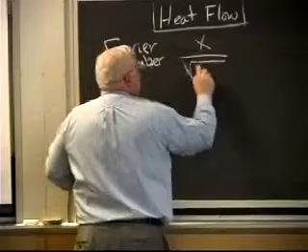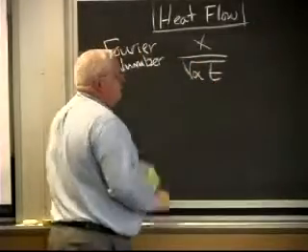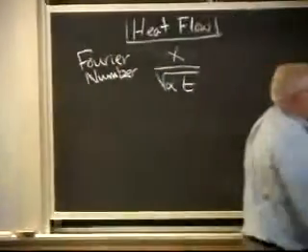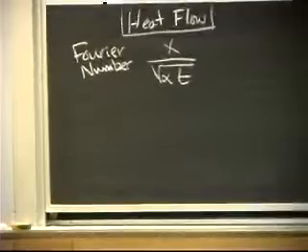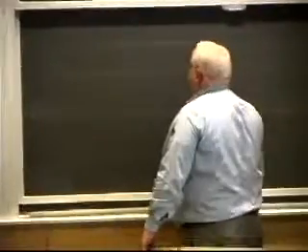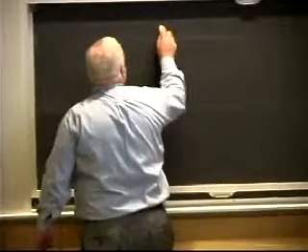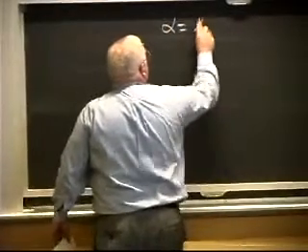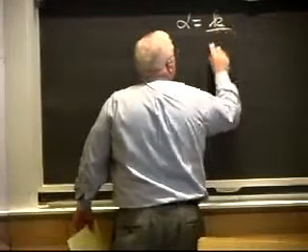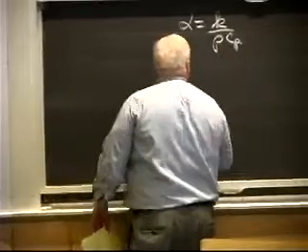X is the square root of alpha t, where alpha is the thermal diffusivity. Alpha is equal to the thermal conductivity divided by rho C sub P.